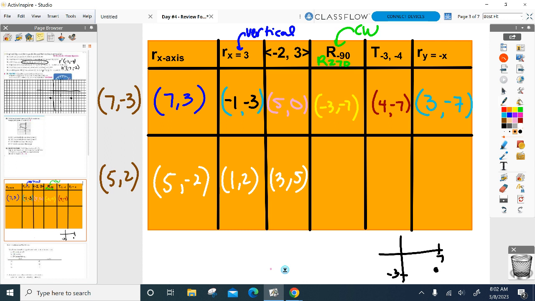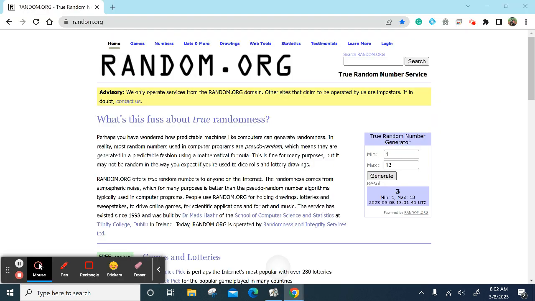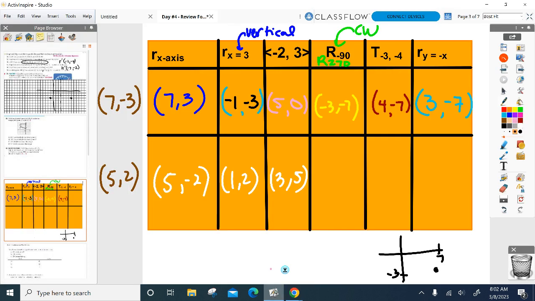Rotation, -90, turning our papers to the right. To the right. A quarter turn. 2, -5.